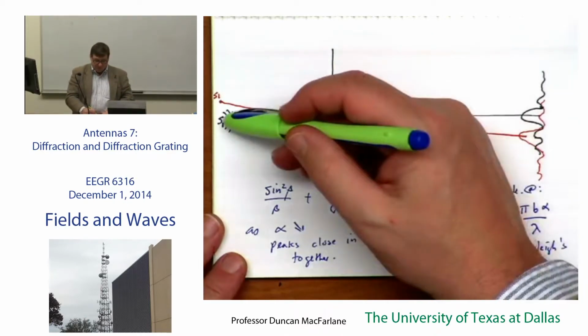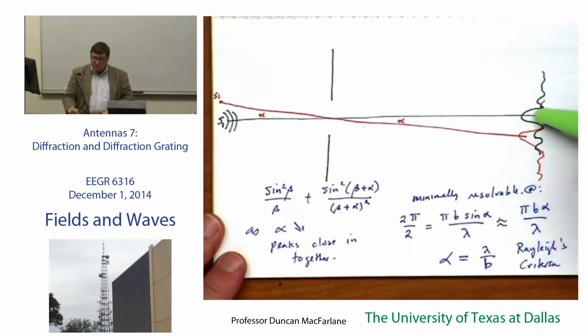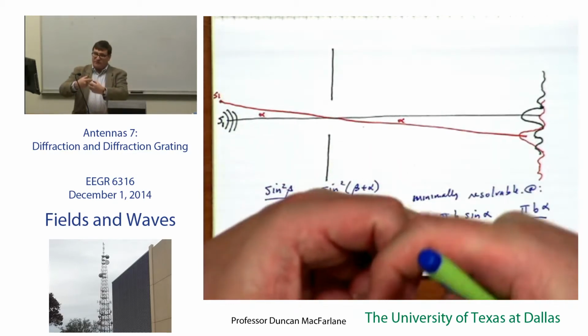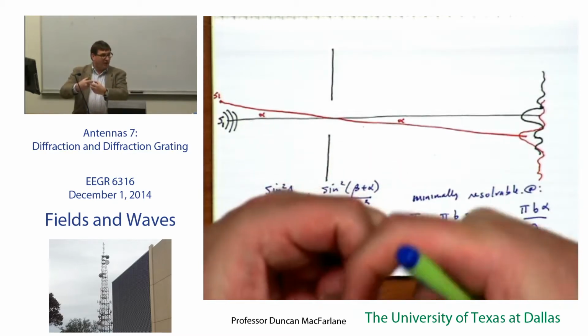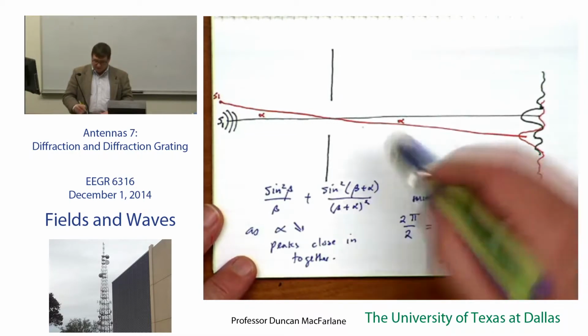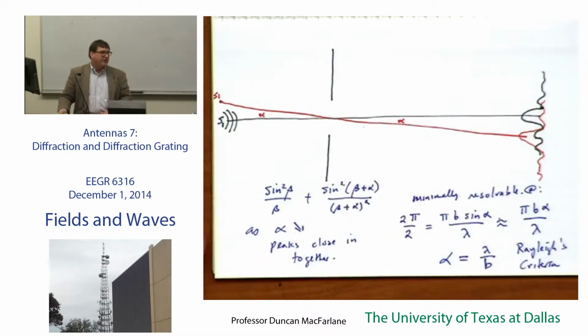And so one star images off to this blob, the other star images off to this blob, where those two blobs can be resolved. The minimum one is when that angle is lambda, the wavelength you're observing it at, divided by the size of your aperture.